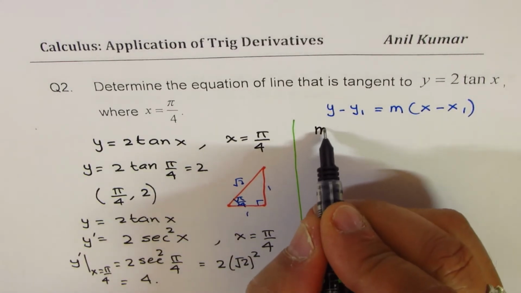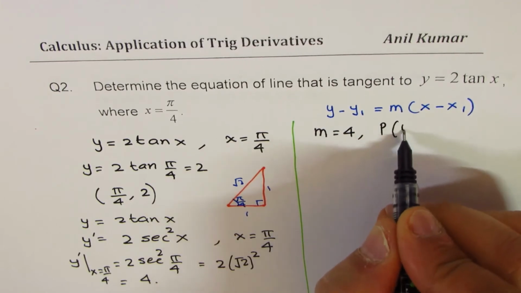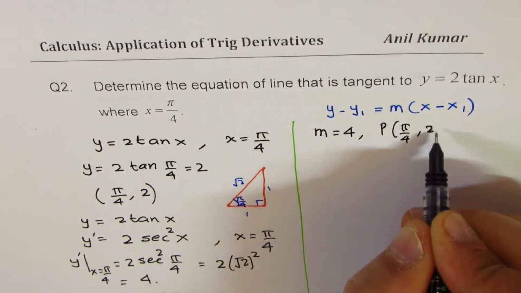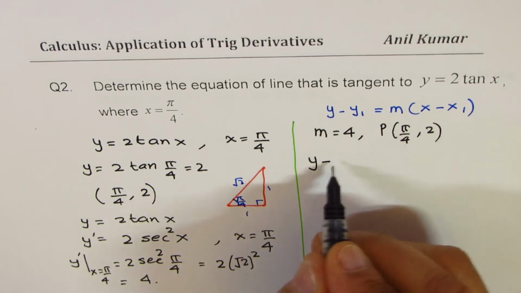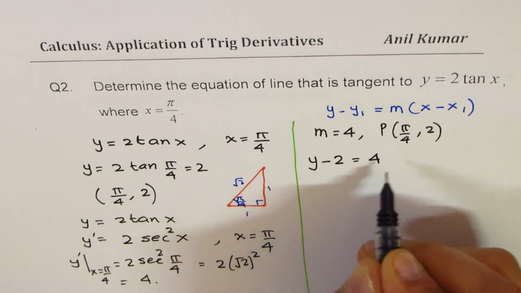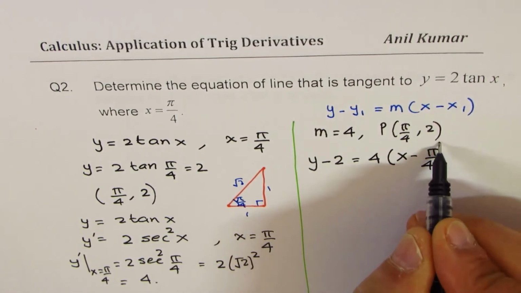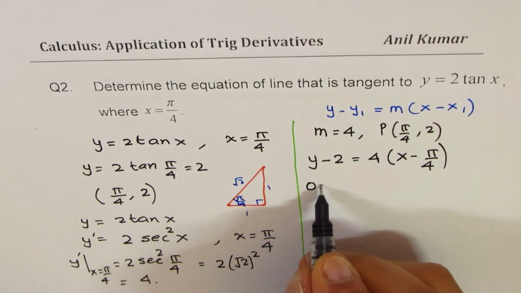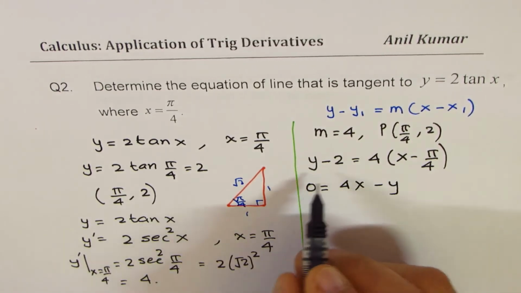So we know m, the slope, is 4 at this given point, and the point given to us is (pi by 4, 2). Therefore, the equation of the tangent line will be y minus 2 equals 4 times x minus pi by 4. Now let's bring all the terms together. 0 equals 4x minus y.